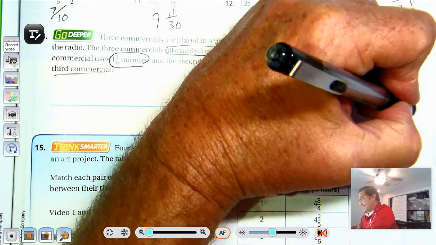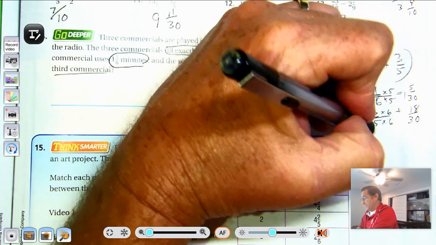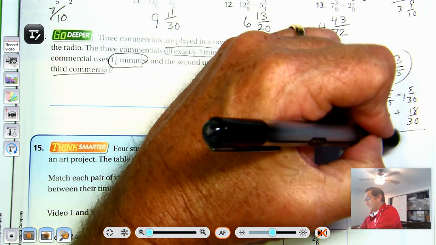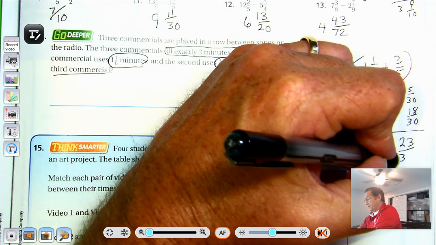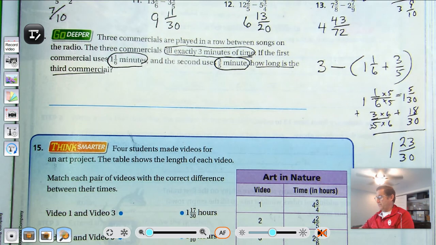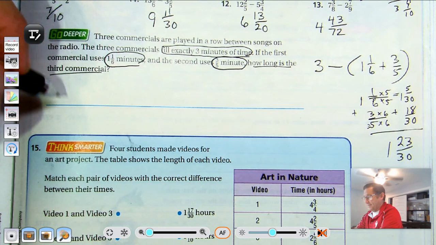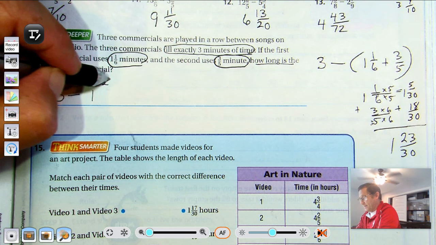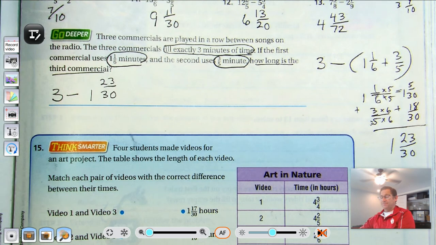That's going to leave me 18/30. All right, let's add those together. 18 plus 5 is 23/30, and 1 plus nothing is 1. So basically now we have 3 minus 1 and 23/30.